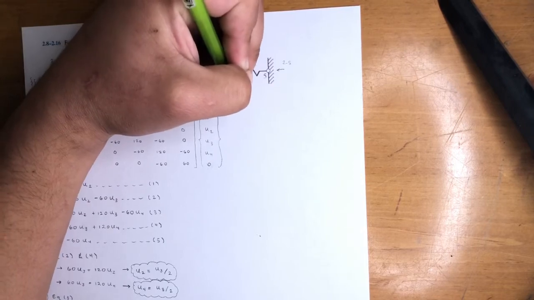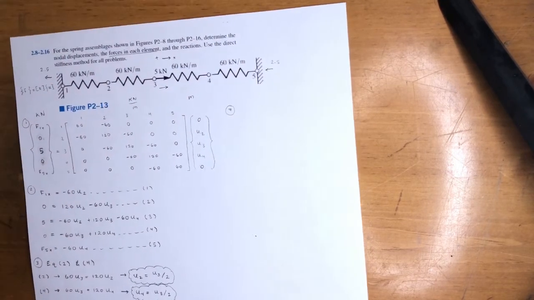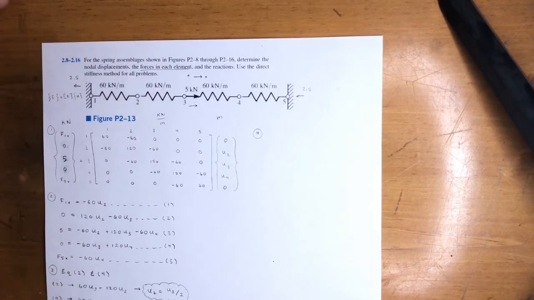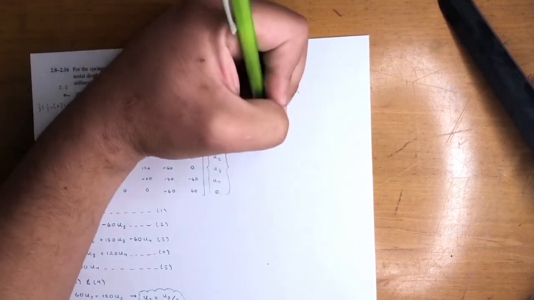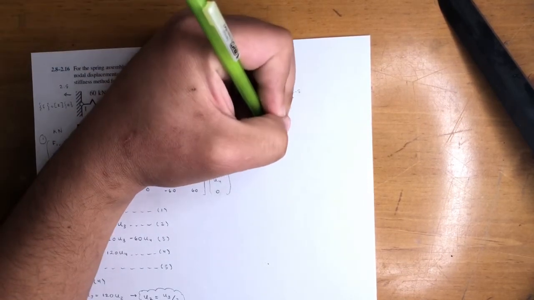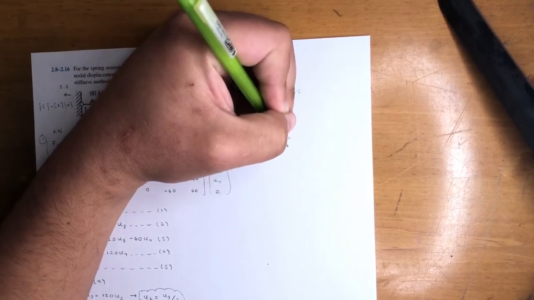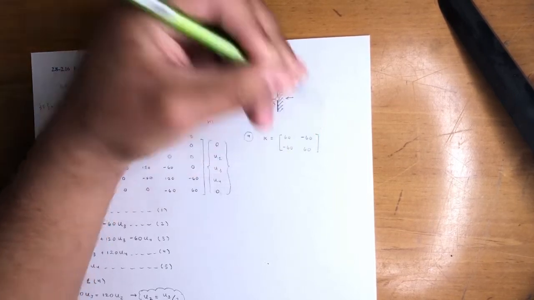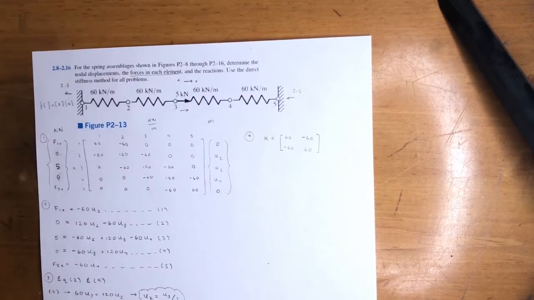This part isn't complicated, it's just long. If you've seen the other videos, it's the same process, nothing's different. But in this case, K, just to save writing for me, is equal to 60, negative 60, negative 60, 60 for each spring, for all springs, right?